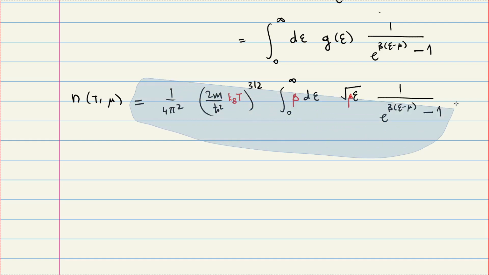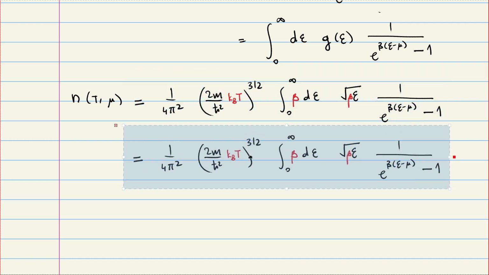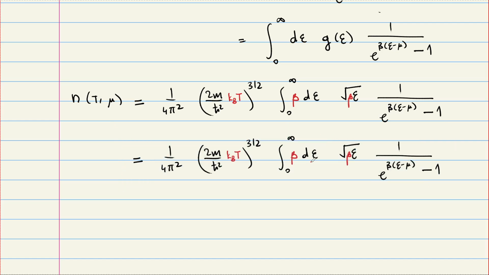Now if I redefine the variable, beta times epsilon equals x, then this is going to be dx, this is root x, and this one is going to be x times z to the minus 1, where z is equal to e to the beta mu.